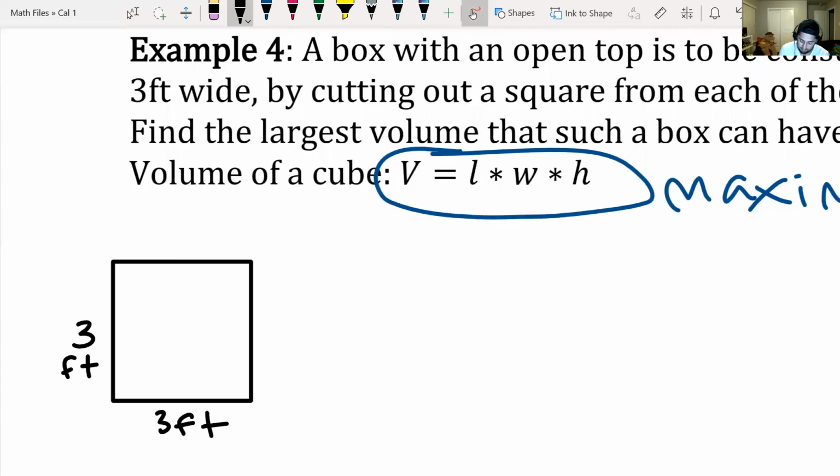But then we are going to cut small square corners out from this box.